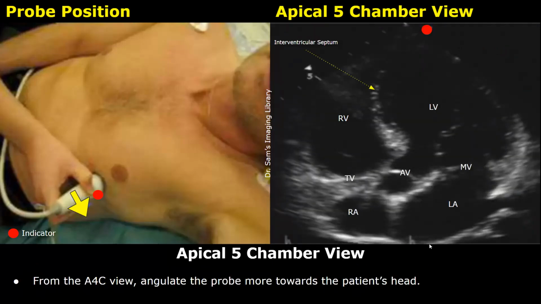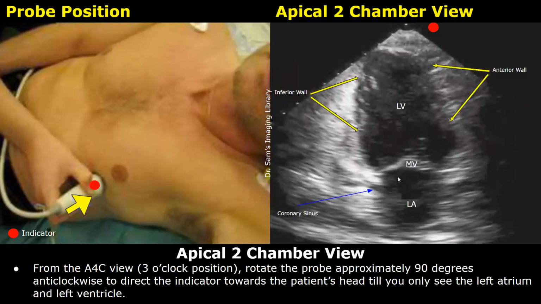From the 4-chamber view, angulate the probe more towards the patient's head to get the apical 5-chamber view. This view shows the aortic root and the aortic valve, in addition to the 4 heart chambers. Then we can move on to the apical 2-chamber view, which focuses on the left heart chambers.